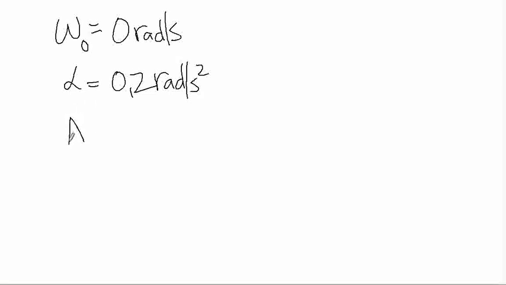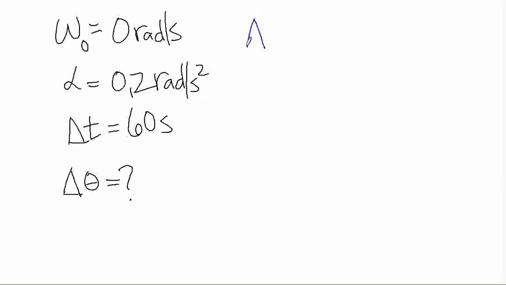So working with seconds, delta t is 60 seconds. And what I'm looking for is delta theta. Okay? We do not know what the final angular velocity is, nor do we care. So why don't we choose the equation that does not have omega final? So I'm going to use the first one.